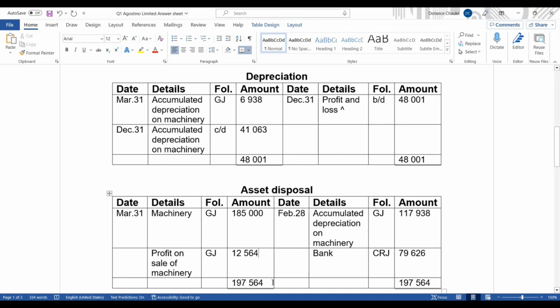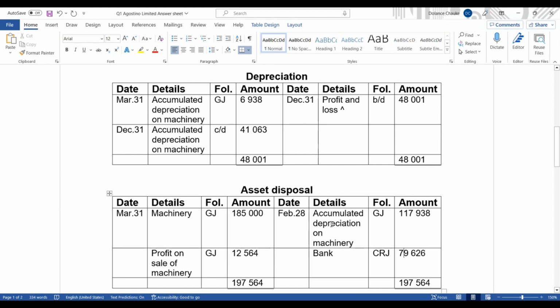So in case your debit side is bigger, you're not going to have profit this side. You're going to have a loss, and your loss will come on the credit side. So if the debit side is bigger than the credit side, that means we have a loss on the credit side.